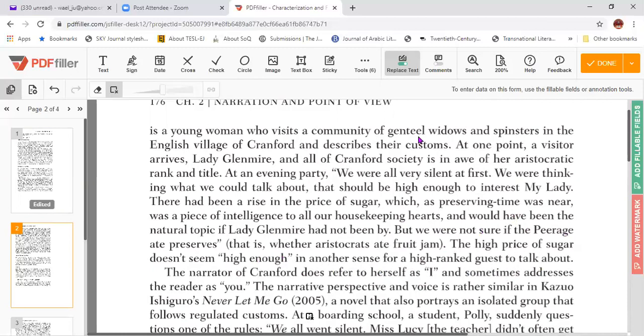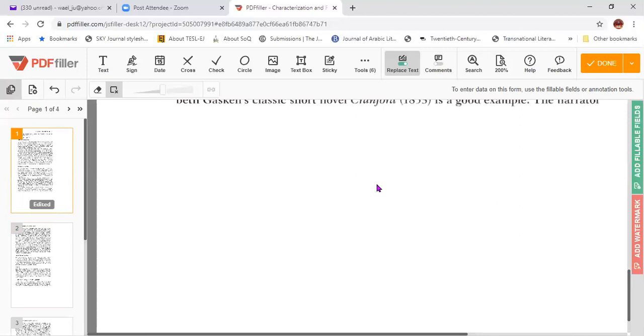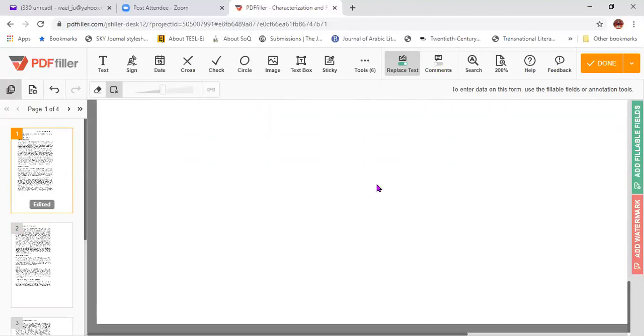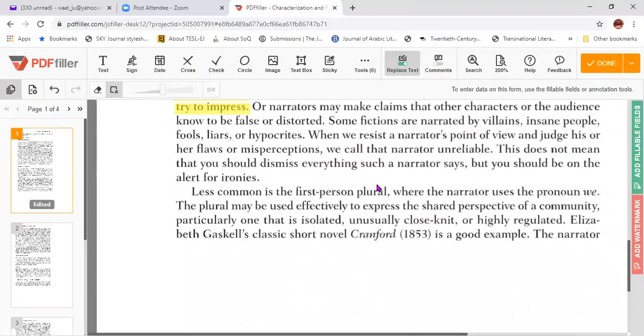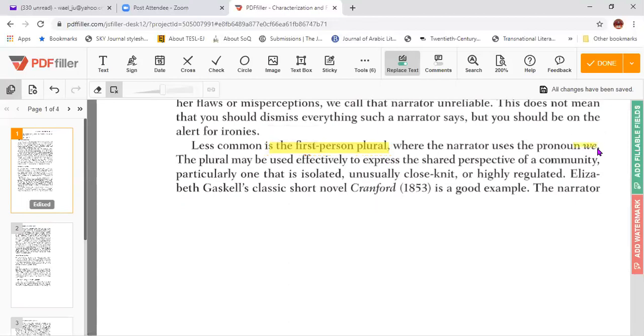Okay, so simply, what is going on here is that within the first-person narrator, we have something called the first person plural narrator. I don't think this is very important in fiction because we don't find it often. Why do we call it first person plural? Because we have the use of the pronoun we.